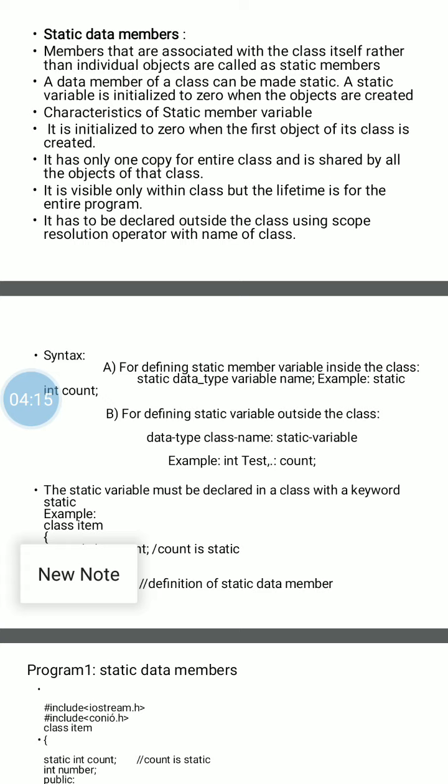For example, static data type data member name, or example static integer count. To define a variable outside the class, we use data type, class name, scope resolution operator. For example, integer, class name is student, scope resolution operator, static variable name count.